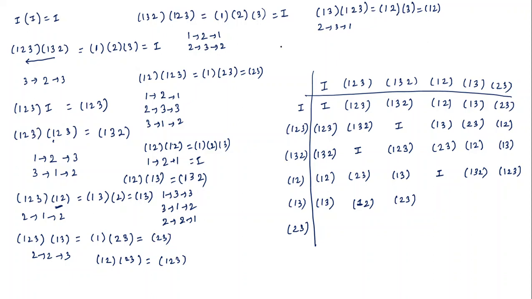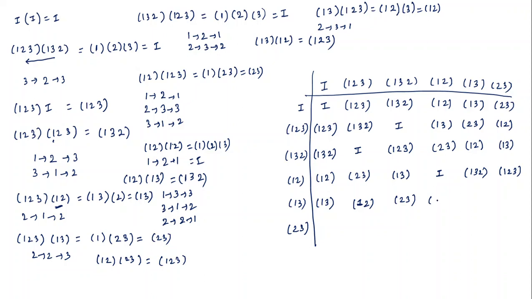Now (1 3)(1 2). Okay, this will be equal to: 1 is mapped to 2, 2 is fixed. So the image of 1 is 2 itself. Now 2 is mapped to 1, 1 is mapped to 3. So here we will be having 3. So (1 2 3), this is what we will get.